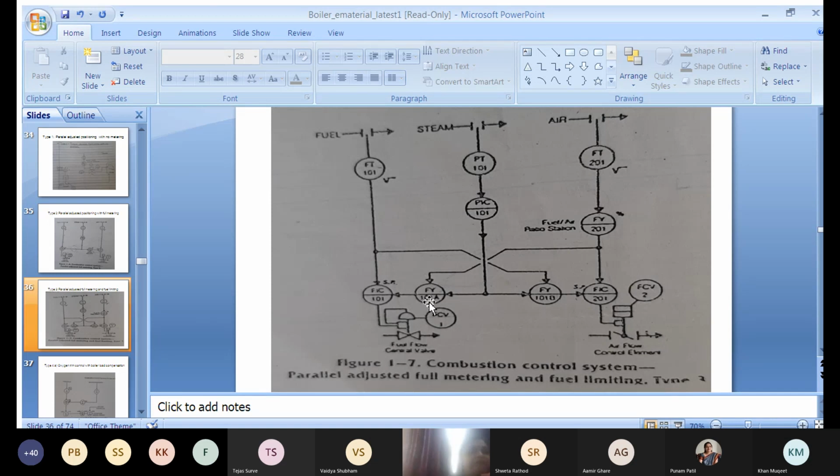These FY101A and FY101B act as limiters. Okay. If you remember LSS and HSS, have you heard of LSS and HSS?